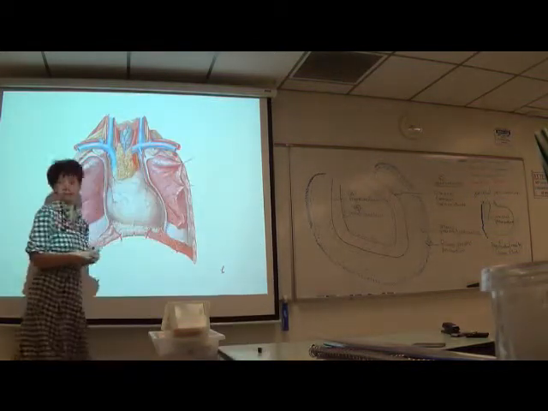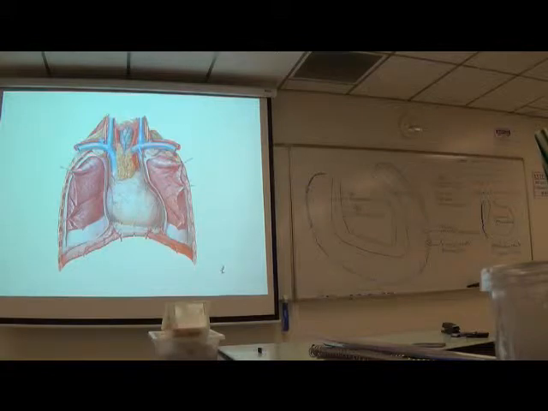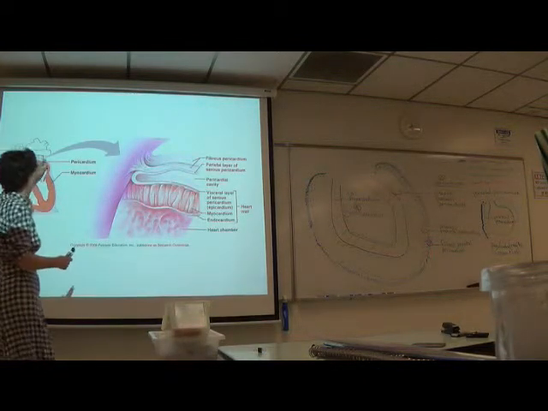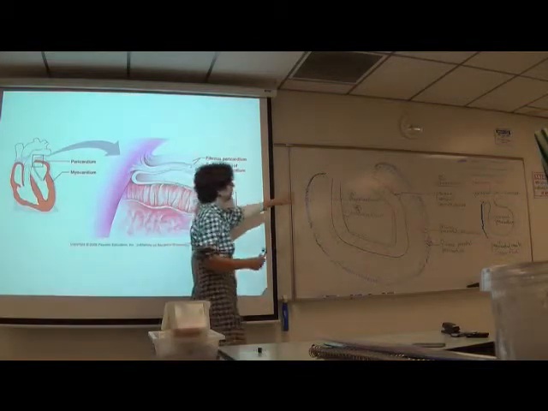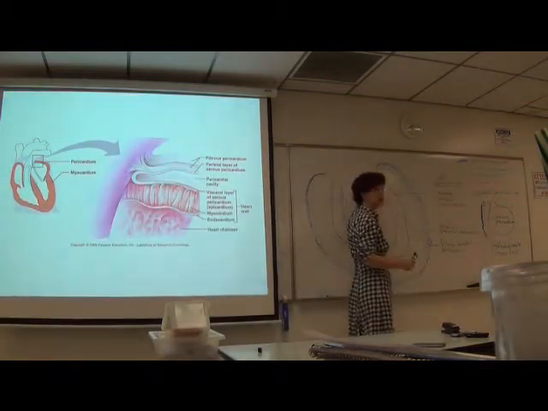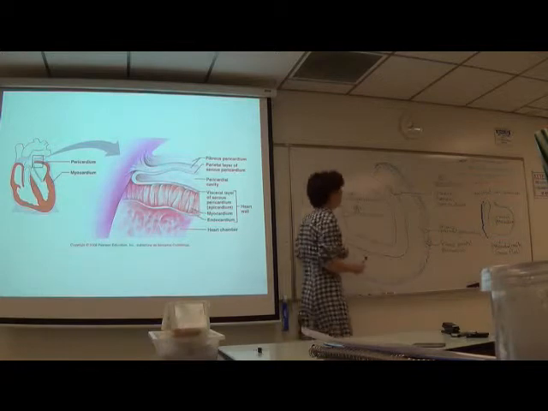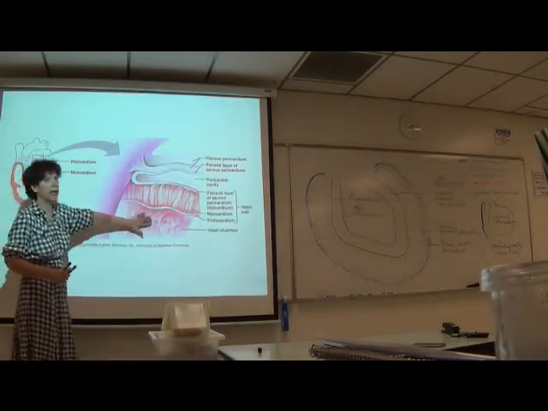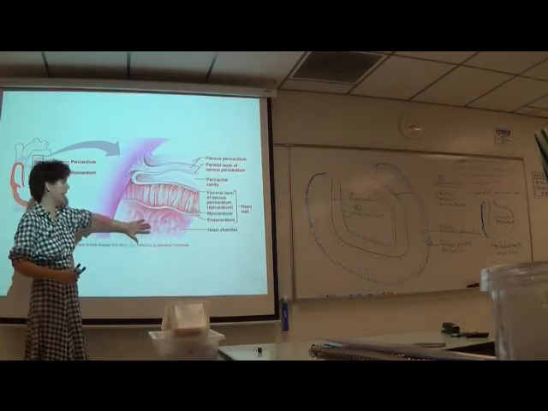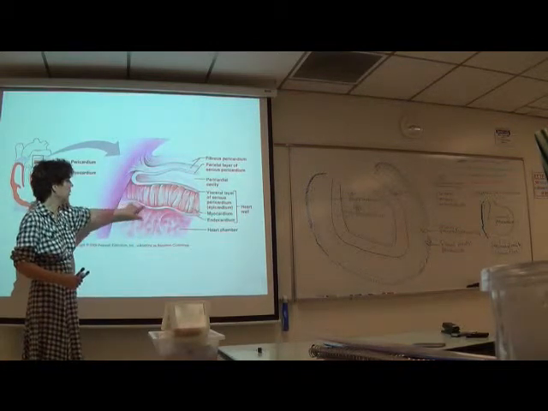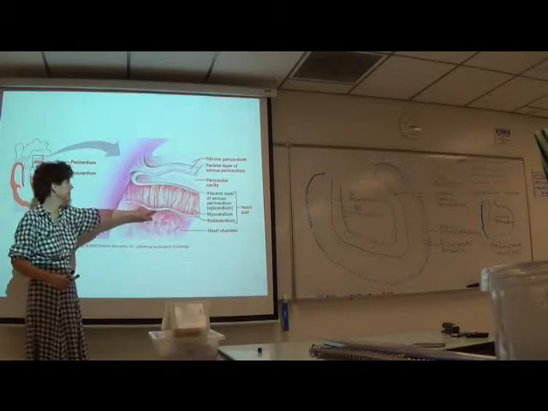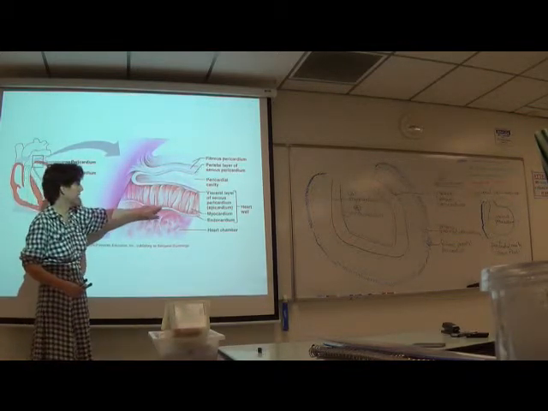And that's what's shown in this image. So this image is taken right about here, at the base of the heart. So here would be the atrium, one of the atria. Here is the endocardium with a surface of simple squamous epithelium and loose irregular connective tissue.